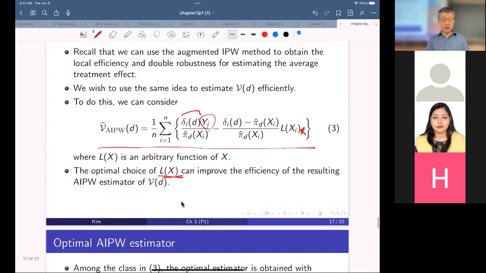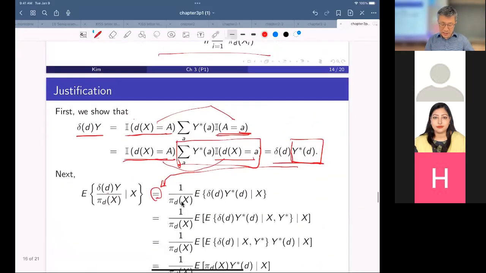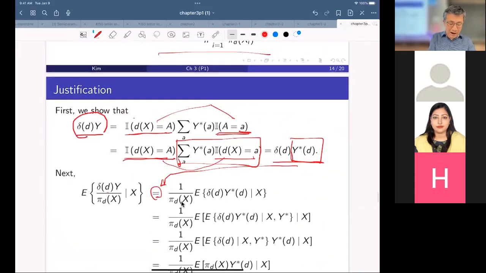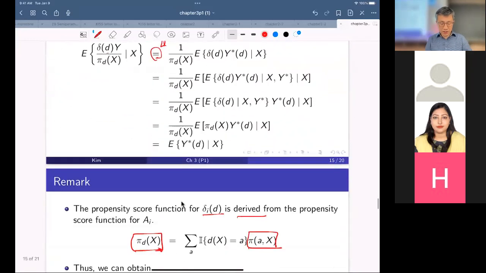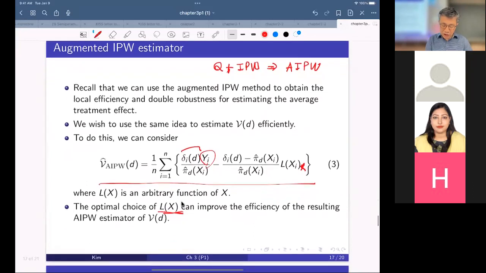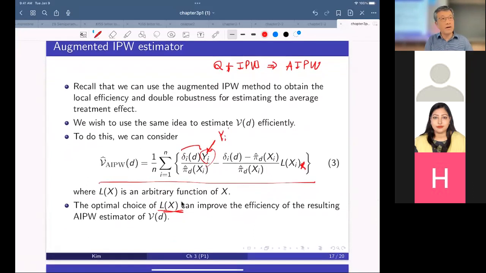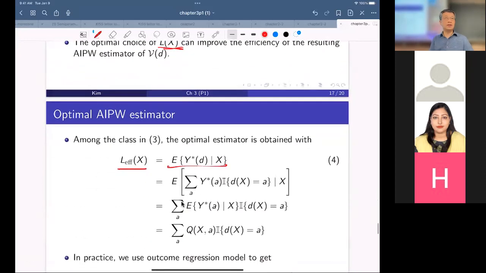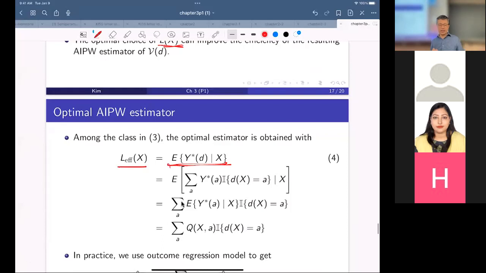So I'm going to use this property: delta D Y is equal to delta D Y star D, so that we can change it to the counterfactual outcome and obtain this result. That's it. Then how to compute it eventually is just the same argument: you can compute the conditional expectation to obtain this.